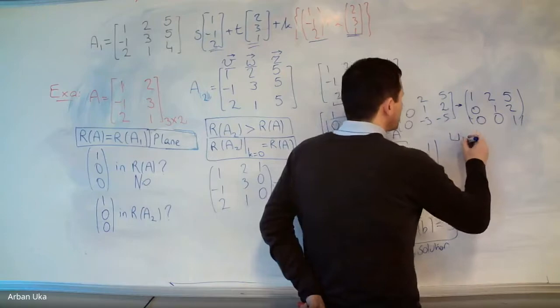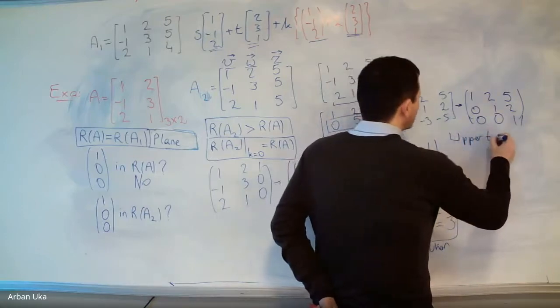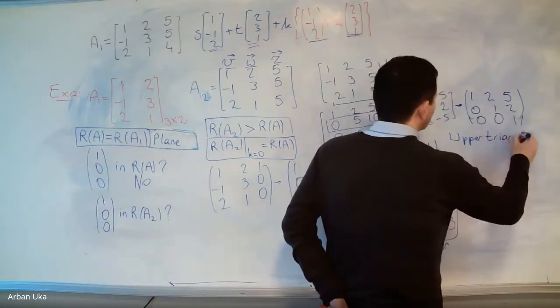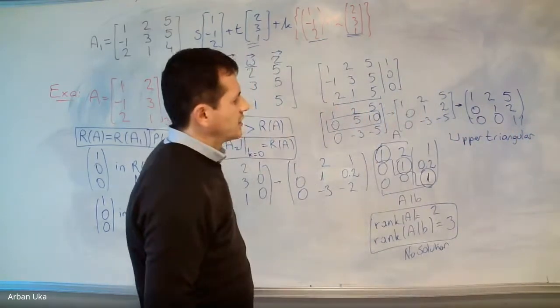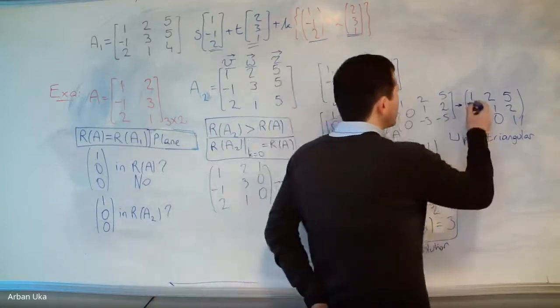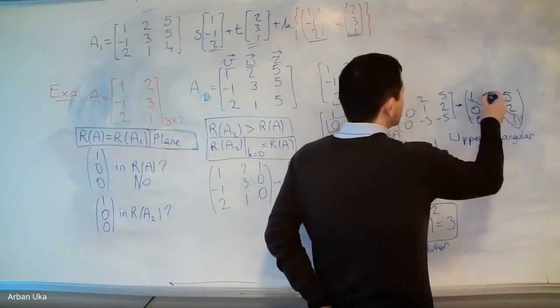Here, the matrix is now upper triangular. If we have a matrix which is upper triangular, the determinant is equal to the product of the diagonal terms. Okay?